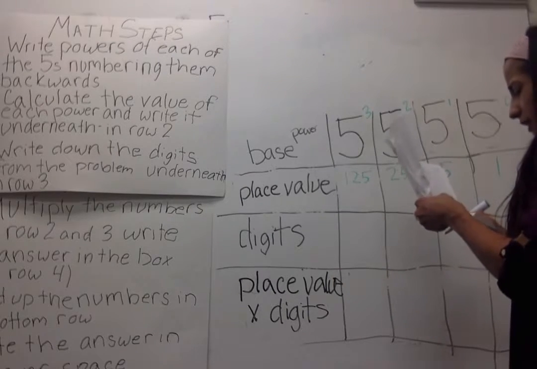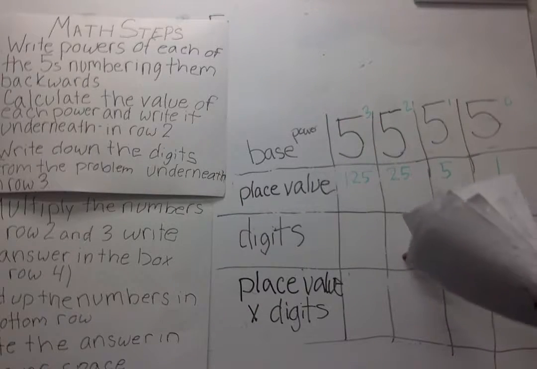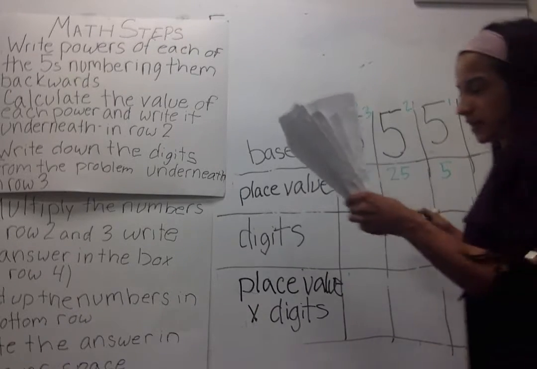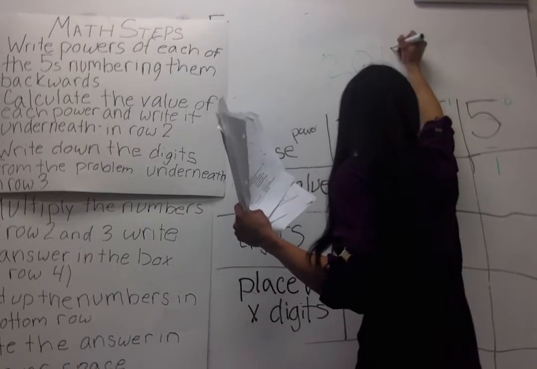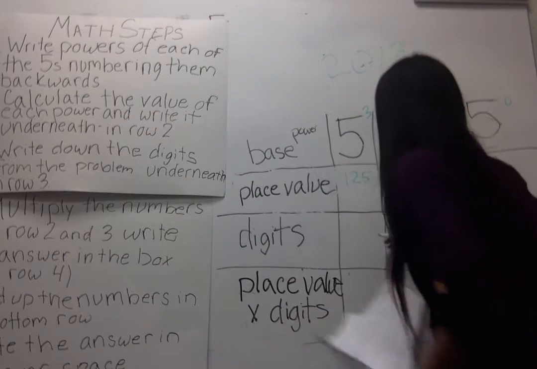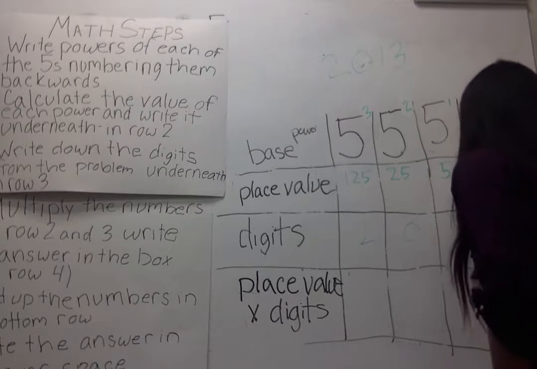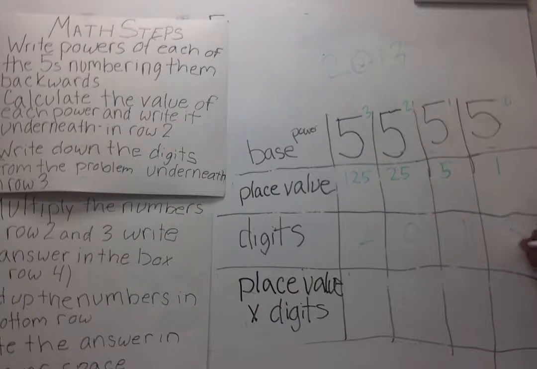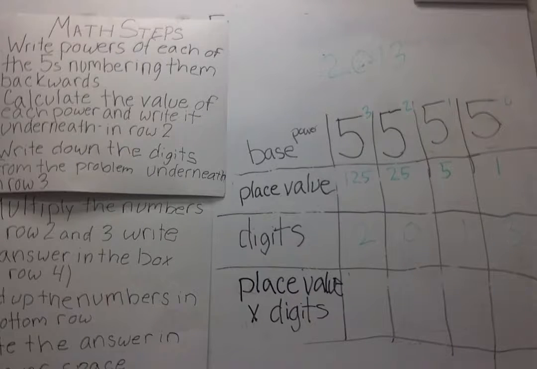So the next step would be to write down the digits from the problem you're solving. And what we're going to try to convert is 2013. So we're going to go ahead and write this down right here in row 3. And now the next step is to calculate the values by multiplying row 2 and 3, and we're going to get row 4.